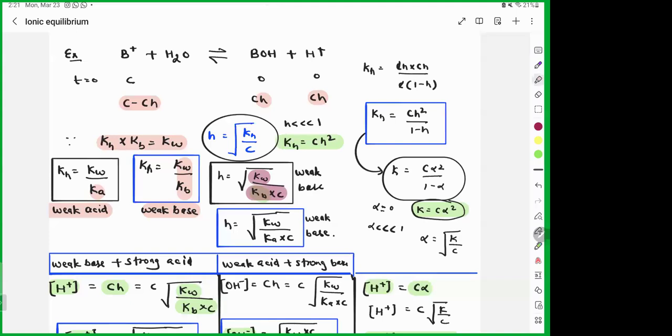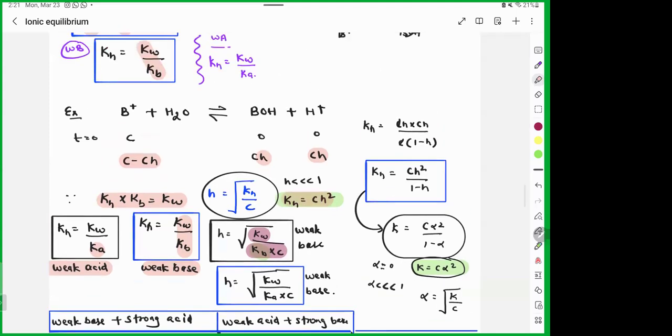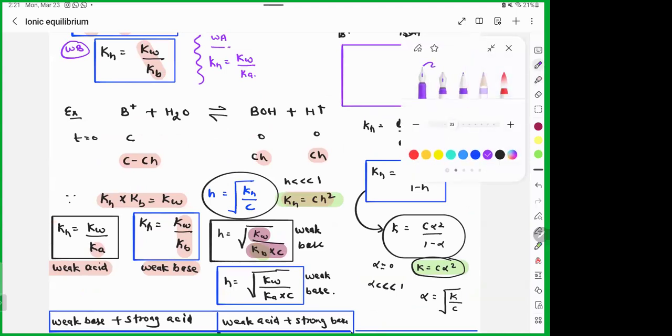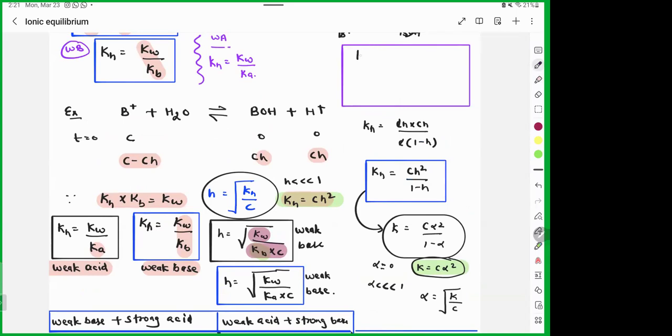So in this case, Kh is equal to Ch square. It is almost comparable to how you did K equal to C alpha square. Before you had alpha, now we have h. Both are almost the same thing.